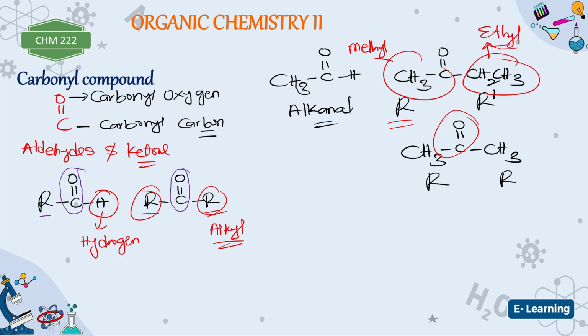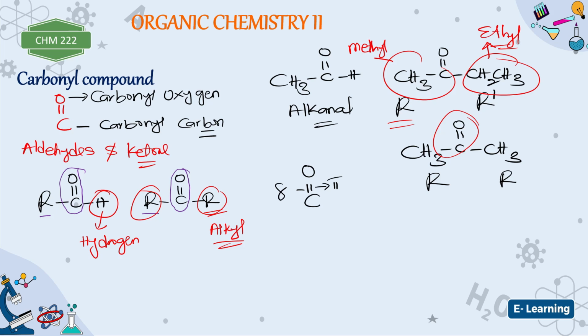So that is the general idea of the carbonyl functional group. Now, we were also taught that if you have C double bond O, here you have a pi bond and here you have a sigma bond. Wherever you have a double bond, one of the bonds is a pi bond and the other is a sigma bond.